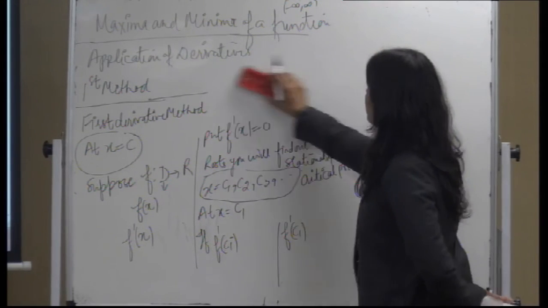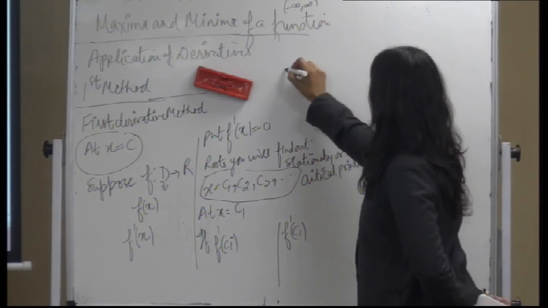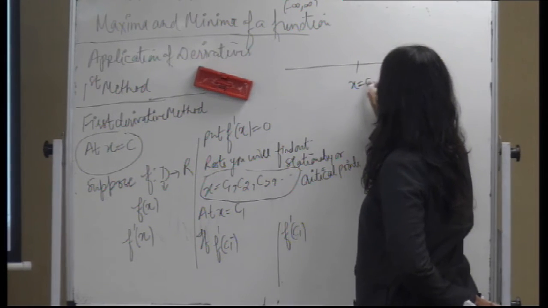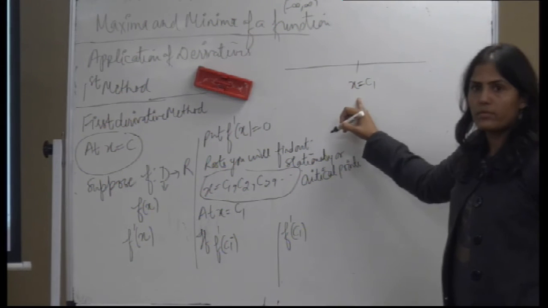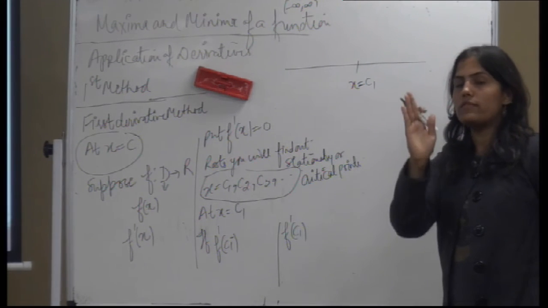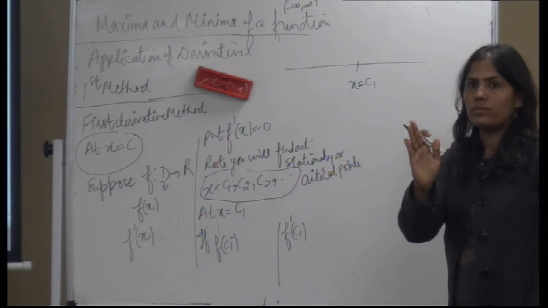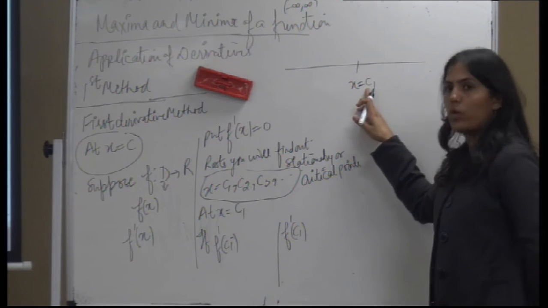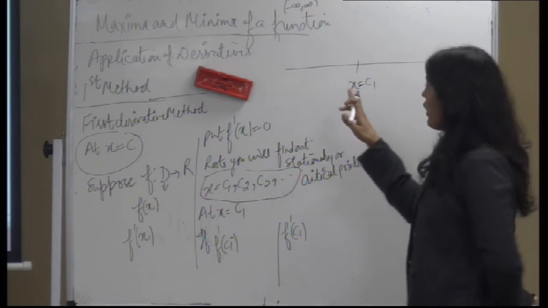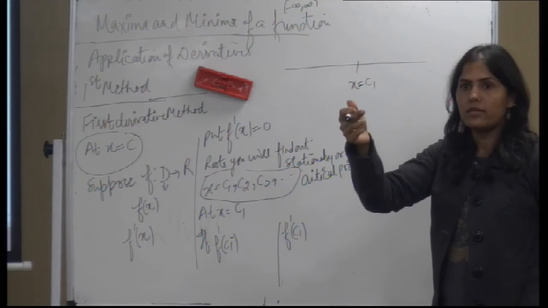I am also drawing the graph. This is suppose the point c1. Now you will take points to the left of c1, and check if f dash c1 minus is negative.